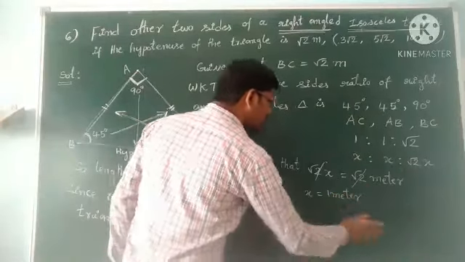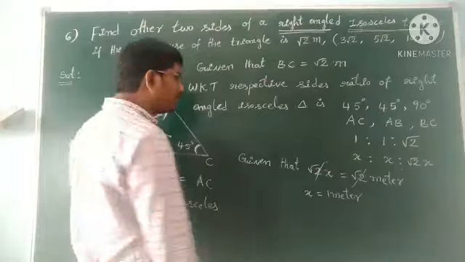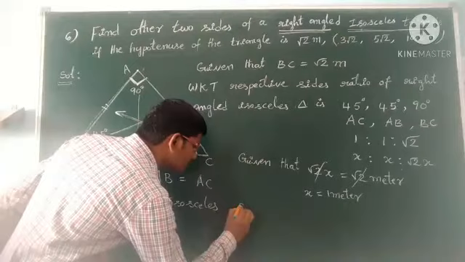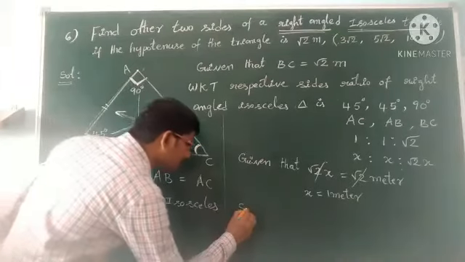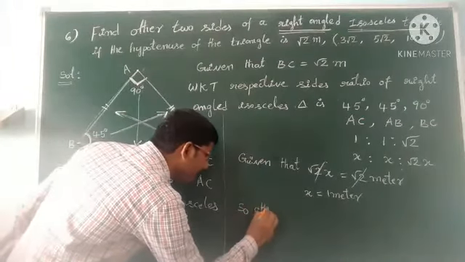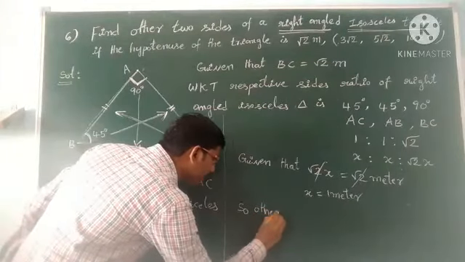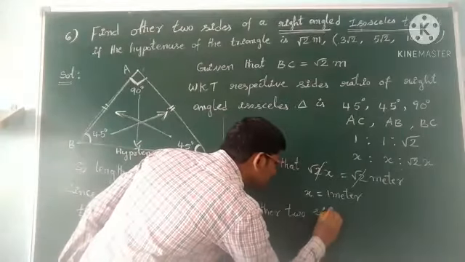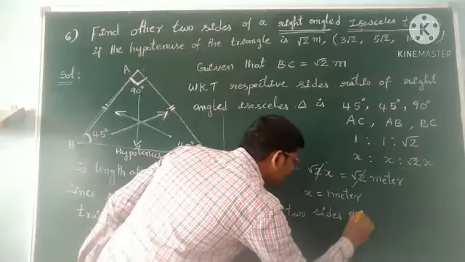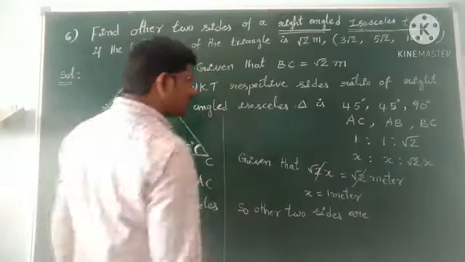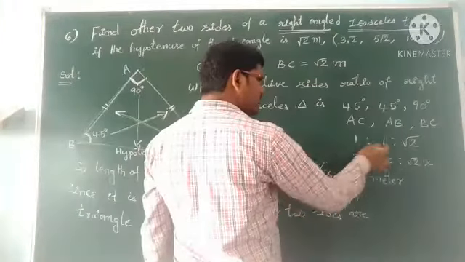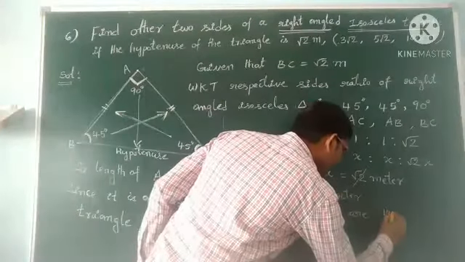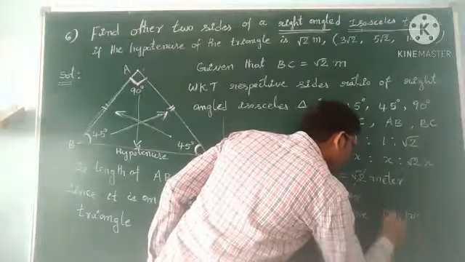So the other two sides are in the ratio 1:1, that is x to x. The x value we already got is 1 meter, so the other two sides are 1 meter, 1 meter.